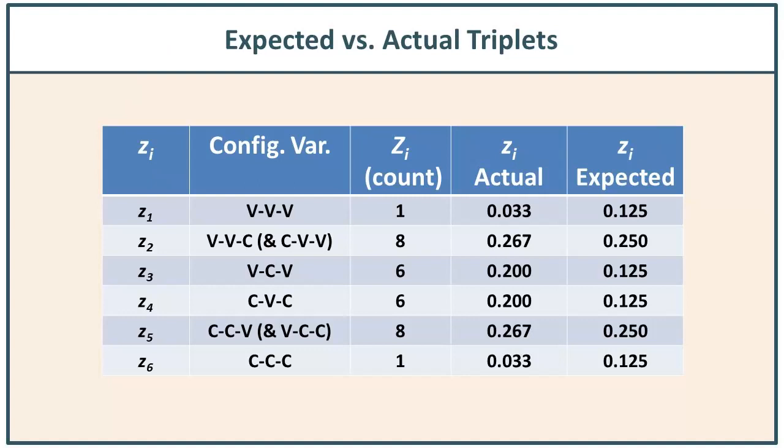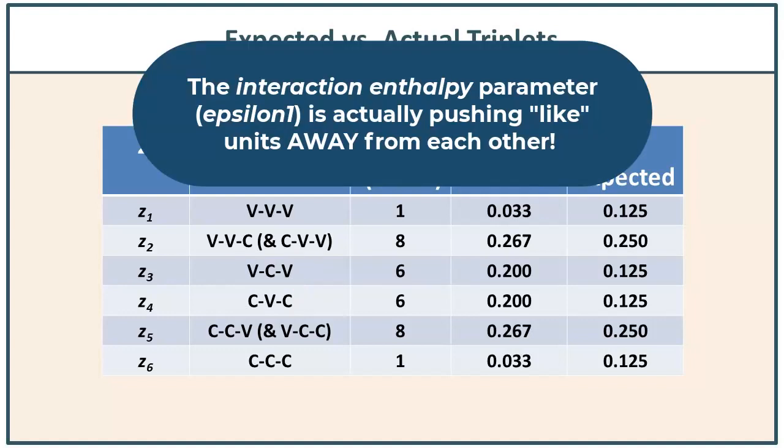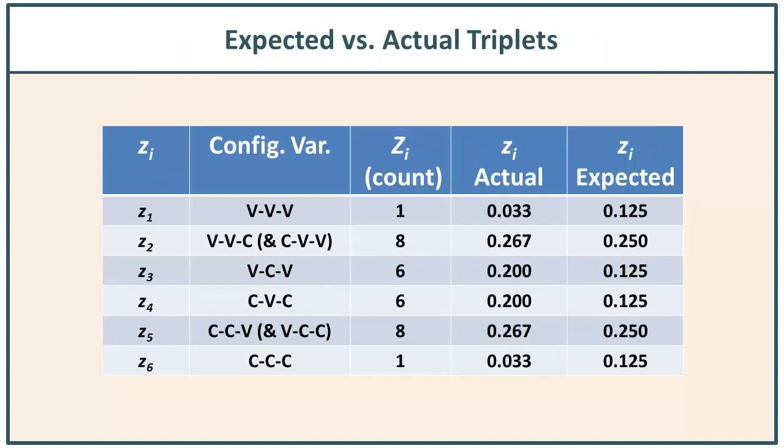Similarly, we see a little bit too much of a preponderance, compared to the statistical likelihood, for the alternating ones, a vowel consonant vowel or a consonant vowel consonant. It tells us that the interaction enthalpy parameter that governs the gluing togetherness, so to speak, of our like near like elements is low. It will likely be less than 0 after we work everything out.